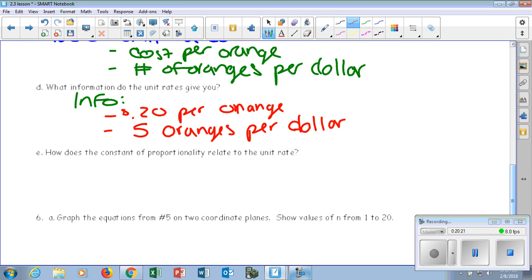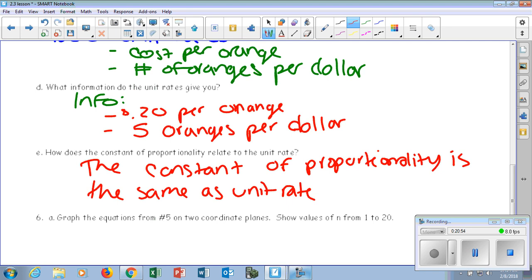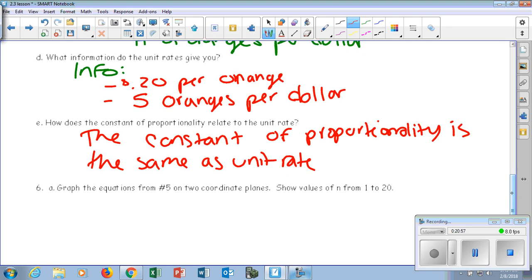For 5 oranges, that's $1. That is our constant. So the constant of proportionality is the same as the unit rate. Our constant is the same as our unit rate that we found.